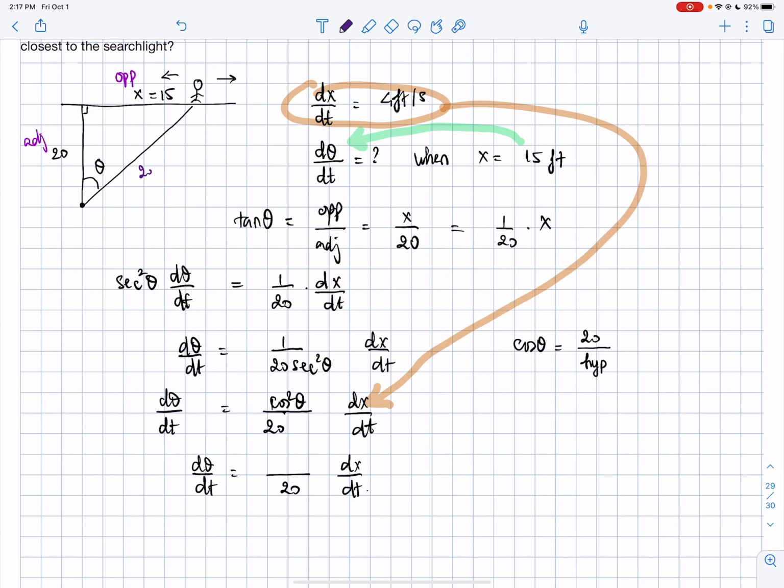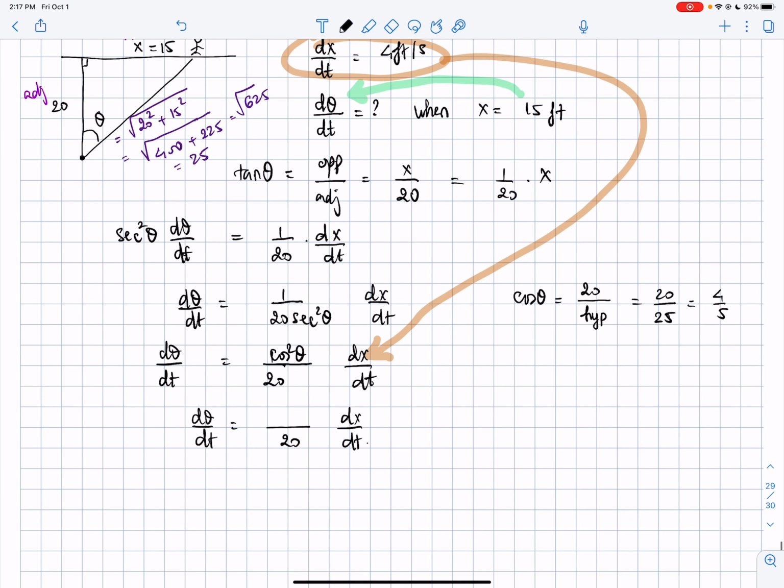That will be the square root of 20 squared plus 15 squared. We will take the positive number because we are talking about length. This is 400 plus 225, so we get 625. The square root of 625 is 25. So the hypotenuse is 25. So 20 divided by 25, and that gives us 4 over 5.